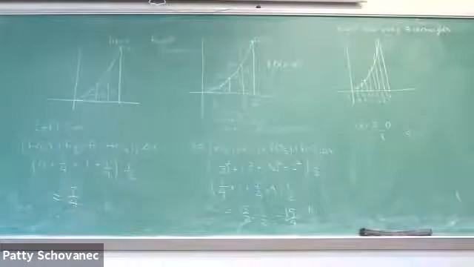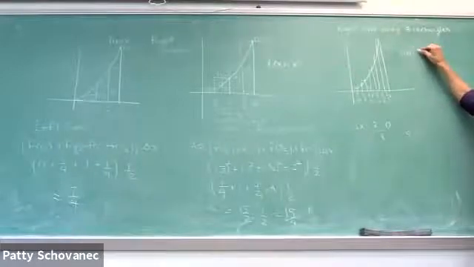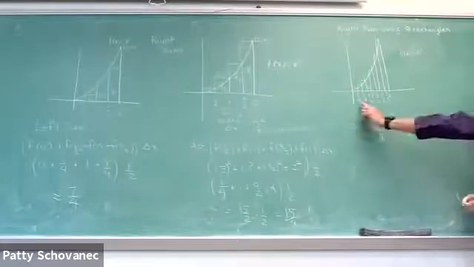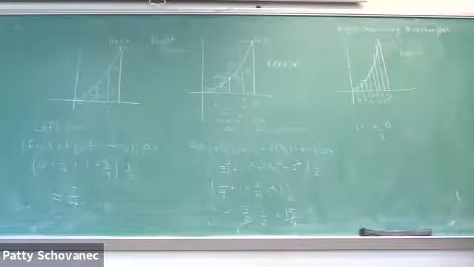So I need to find the value of my function x squared at each of the right endpoints. So 1/4, 1/2, 3/4, the numbers on the right side of each subinterval.